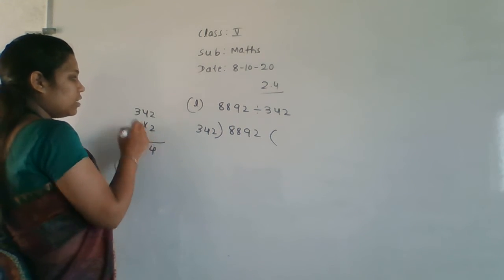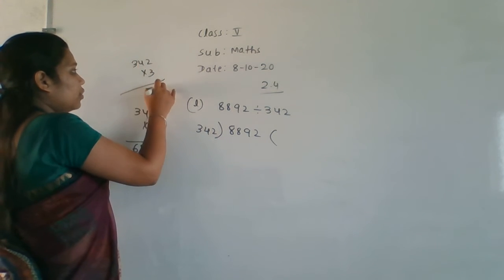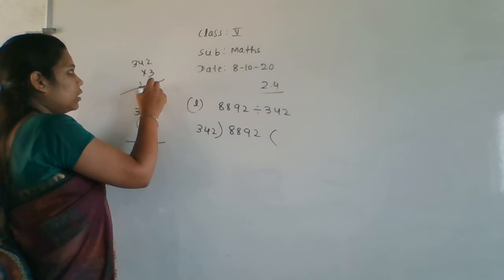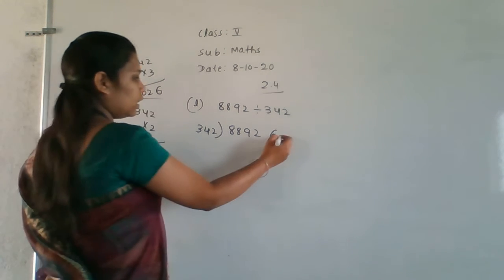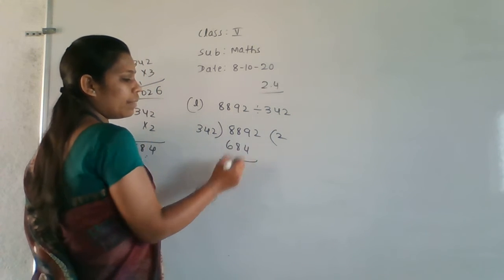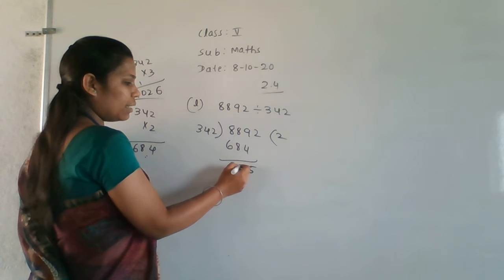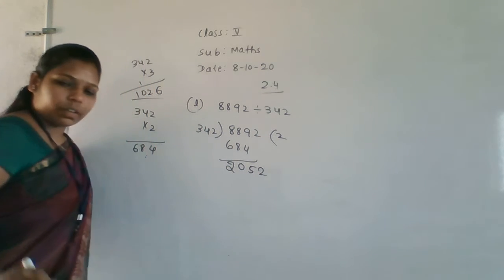Okay. 3s means 342 into 3. It will be greater I think. 3 2s are 6, 3 4s are 12, 3 3s are 9, 10. Okay. We can't take this value. So take this only. 342 2s are 684. 9 minus 4 is 5. 8 minus 8, 0. 8 minus 6, 2. Now take here 2.